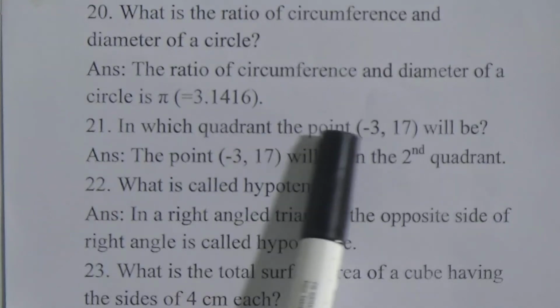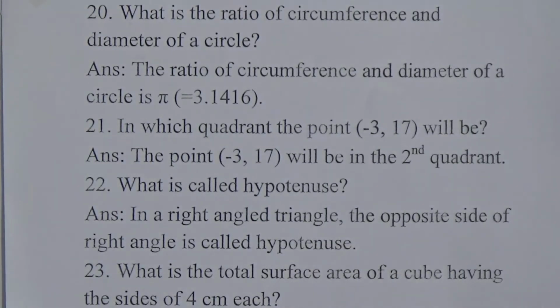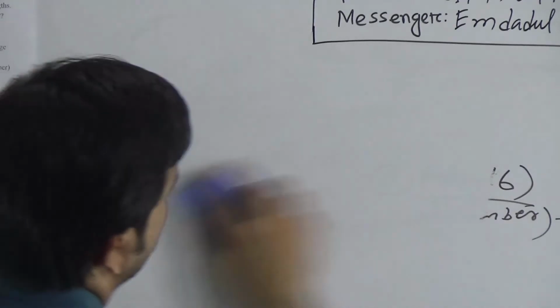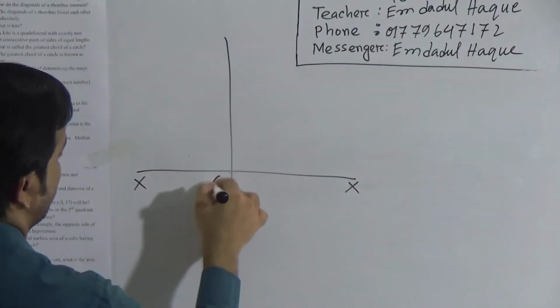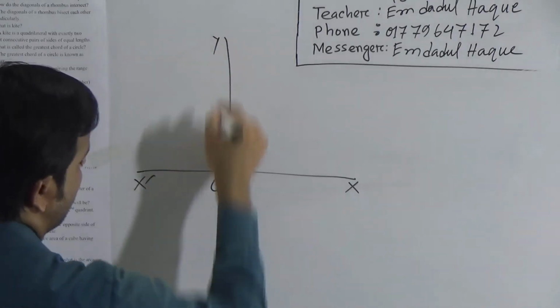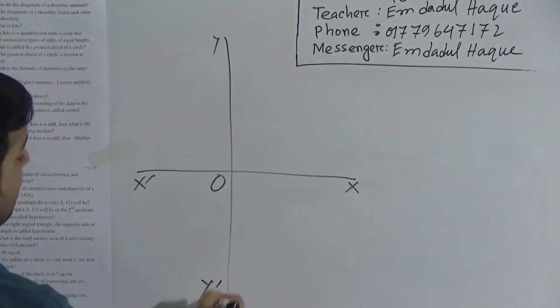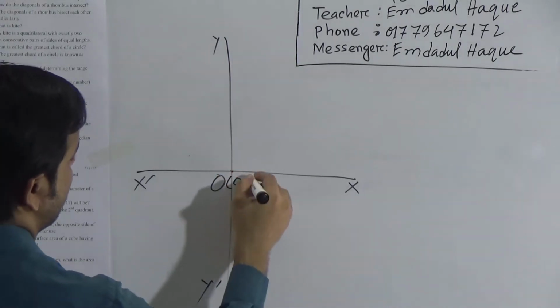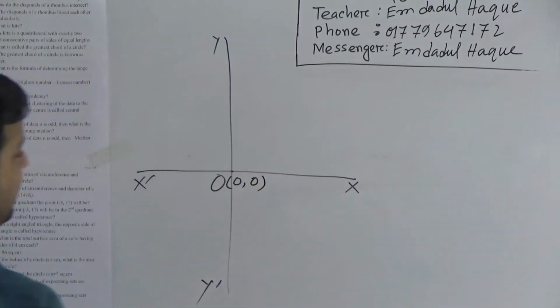Okay, now see, in which quadrant will the point (-3, 17) be? Dear students, in the class of solving equations, I have shown the quadrants of the graph. If we consider two axes in the graph, this is the horizontal axis, this is the vertical axis, this is X'OX, and this is Y'OY. Dear students, O means here the value of x and y both are 0.